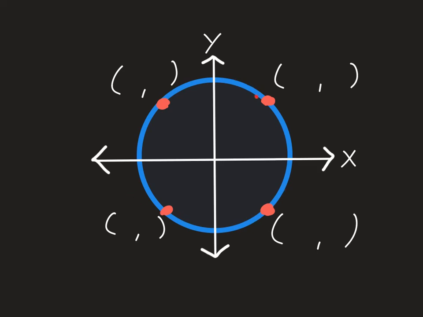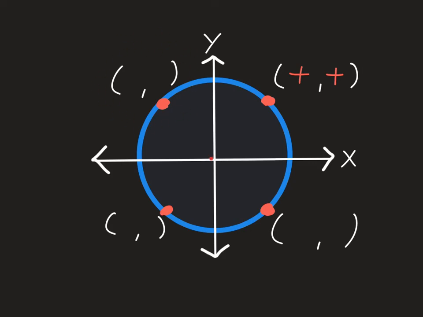So anything in quadrant 1, let's think about what the signs are of my x value and y value. So in quadrant 1, I would be moving to the right, which is positive, and up, which is also positive. So my signs for any coordinate in quadrant 1 are going to be positive to the right and positive up. Let's go ahead and talk about any coordinate in quadrant 2.